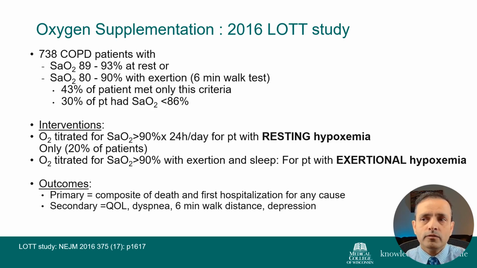And for exertional hypoxemia, they also titrated oxygen to keep saturation more than 90. And they looked at outcomes. The primary outcome was death or first hospitalization for any cause. The secondary outcomes were quality of life, shortness of breath, 6-minute walk distance, and depression.